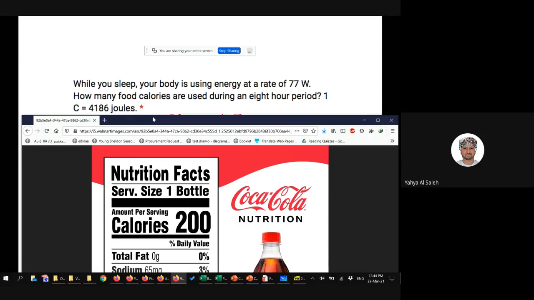And I personally have many a time wondered, why is there this mismatch? There is no way that this one bottle is actually equal to this much amount of work.